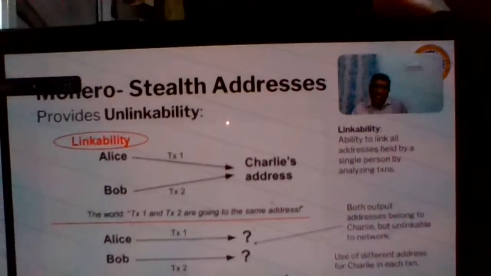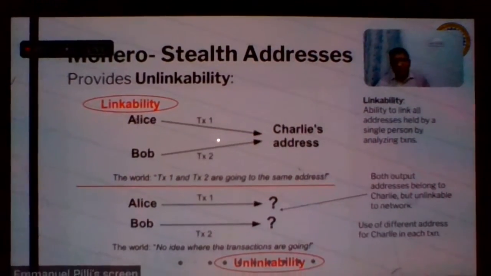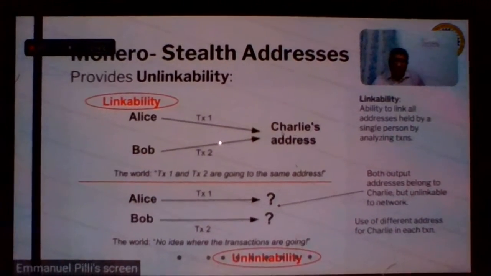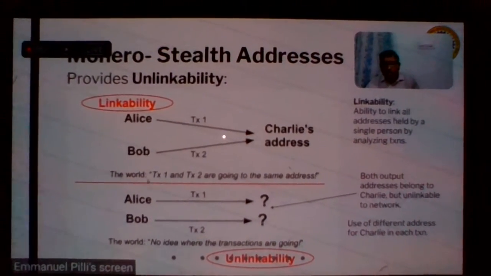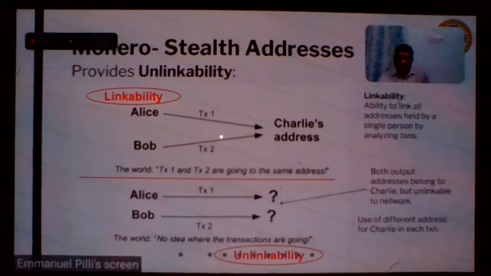So what is happening is, here we try to see that there is a link which is coming in. Alice and Bob are making transactions to Charlie. There is one address, transaction 1 and transaction 2. So the whole world knows that transaction 1 and transaction 2 are going to the same address.